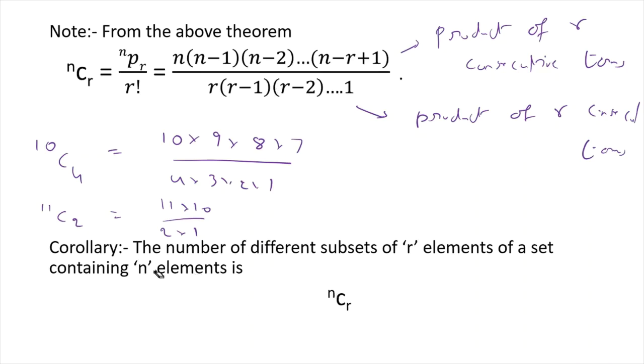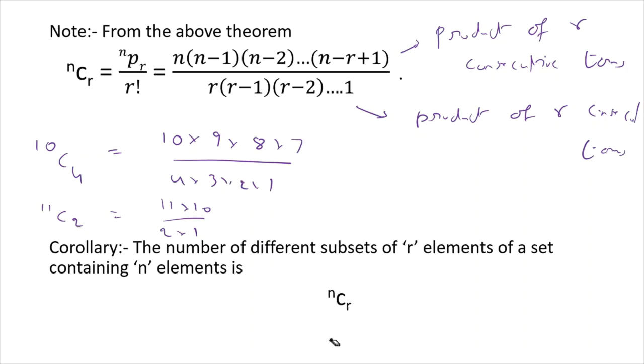Next, the number of combinations of n dissimilar things taken R at a time is n choose R. We can generalize it like this: the number of subsets of R elements out of a set containing n elements is going to be NCR or n choose R. I repeat, the number of subsets of R elements of a set containing n elements is n choose R. The number of subsets containing 2 elements is n choose 2.